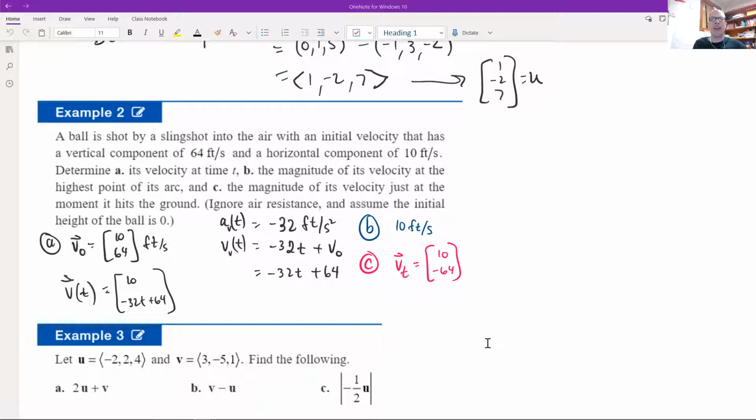And finding the magnitude of that velocity is not too big a deal. We just take the square root of 10 squared plus negative 64 squared. That's big and gross. I don't want to do it right now.